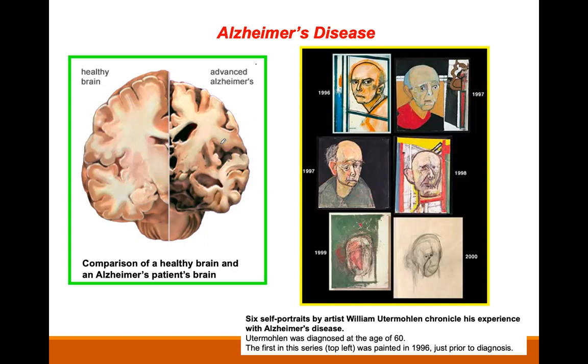We know the cause, but how the protein is triggered to grow in the brain is still a mystery. So this is a healthy brain, and this is advanced Alzheimer's.